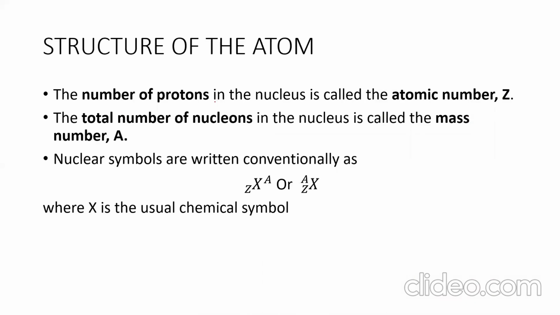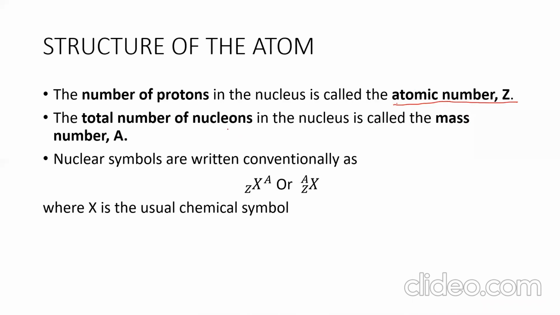The number of protons in the nucleus is called the atomic number. Remember, in the exam or mid-sem exam, there may be an MCQ regarding this. What is the number of protons? It is known as the atomic number, and it is denoted by the symbol Z. Number of protons is nothing but the atomic number.